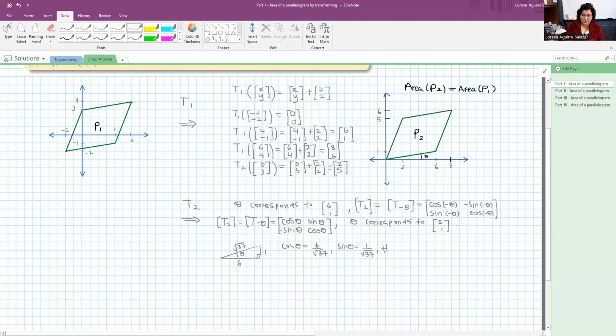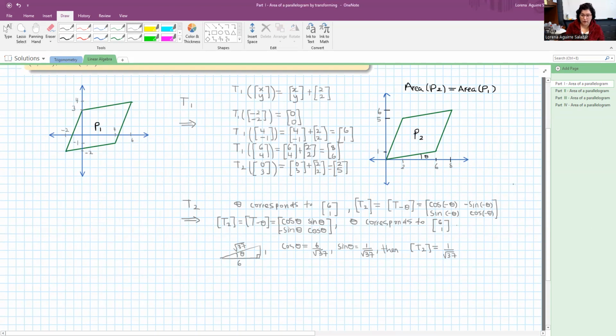So then what we can say is that the matrix associated with our transformation T2 that rotates the parallelogram is given by 1 over root of 37.